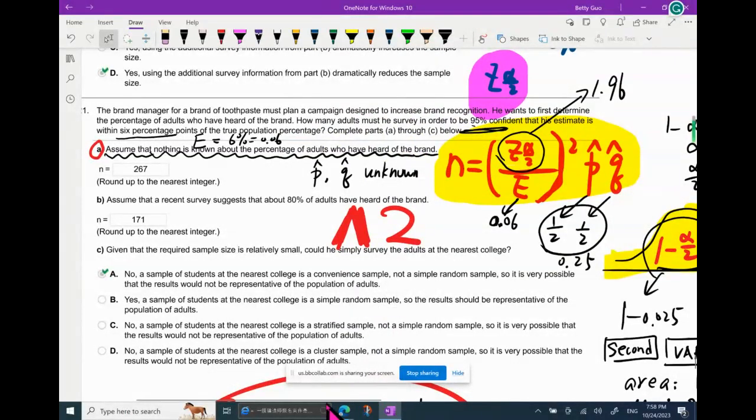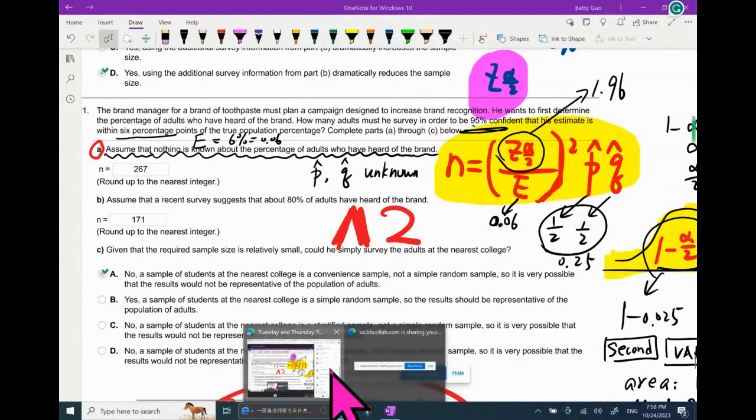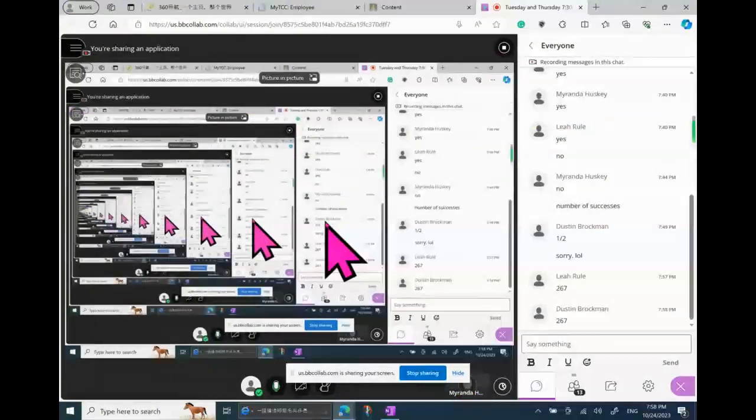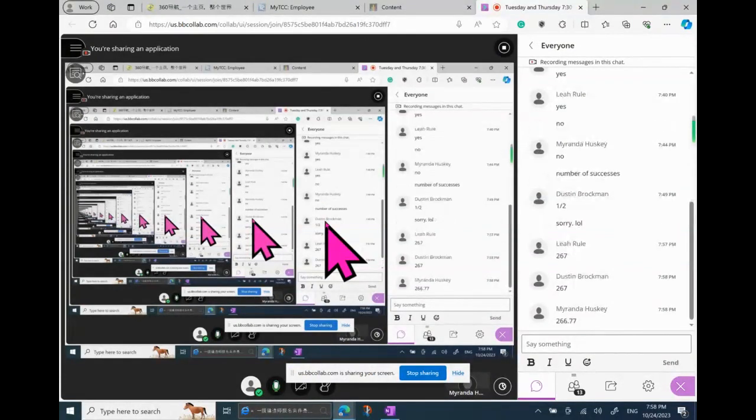The decimal I have is 266.777778. We're going to round it up. The reason we round it up is not because 7 is bigger than 5.